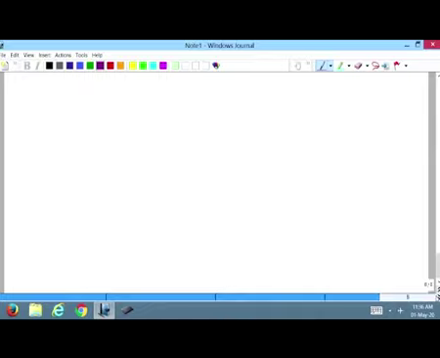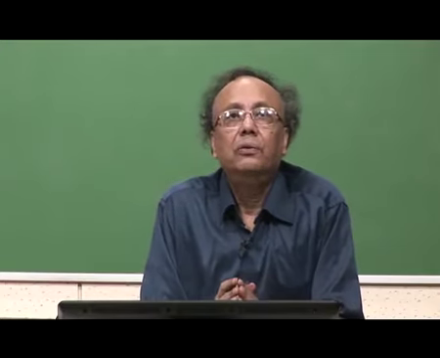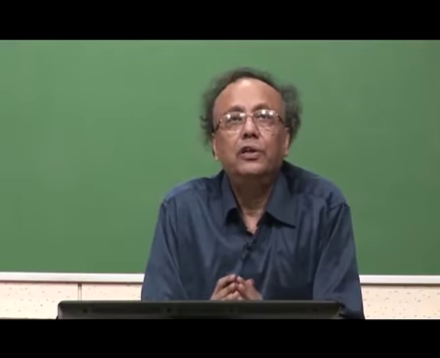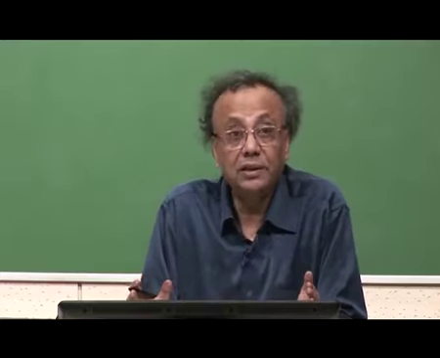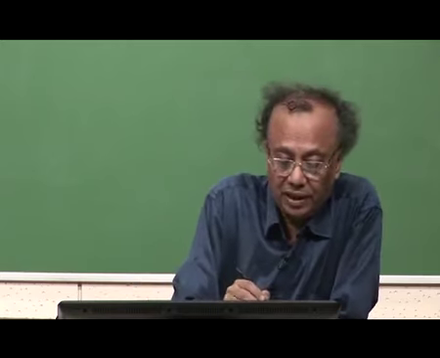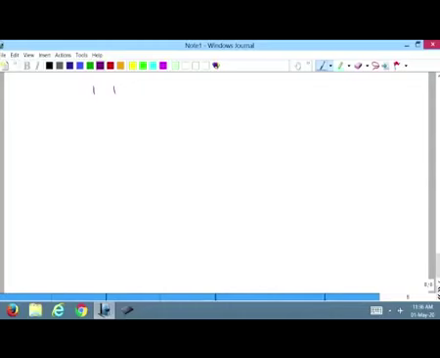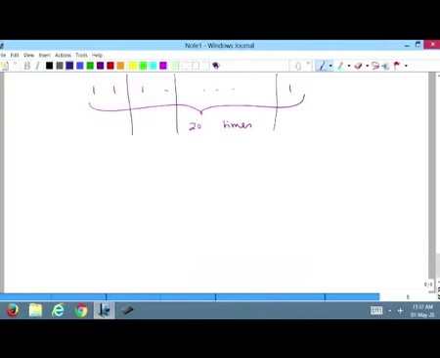And how to get that? We can assume that we have 20 identical balls, or we can say I have 1 1 1 up to 20 times, and we are splitting them into 5 compartments by drawing such lines which I have explained in the last class.